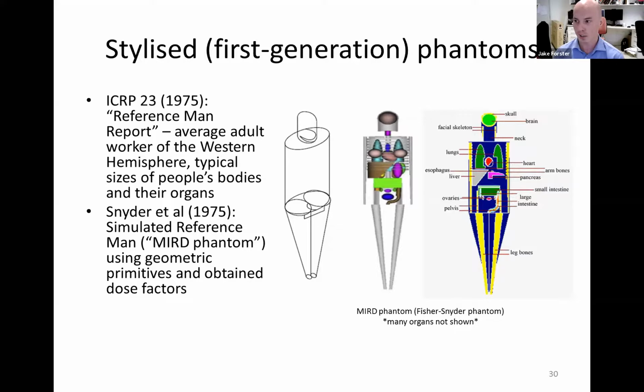To get their organ sizes and shapes and so on, they used information from ICRP 23, which is a report on the reference man. So they gave organ sizes for the average adult worker of the Western Hemisphere. So yeah, that was the first ever phantom for which dose factors were calculated. It's also called the MIRD phantom.